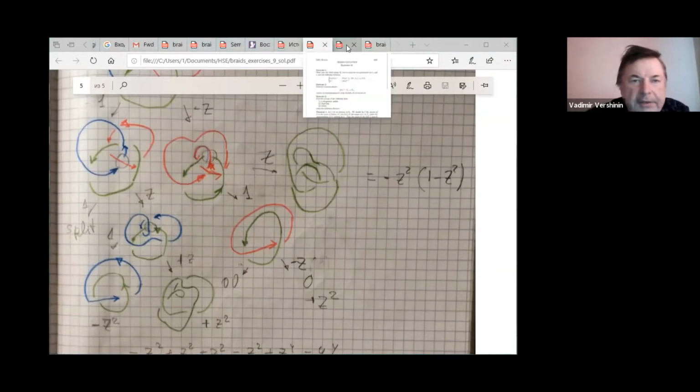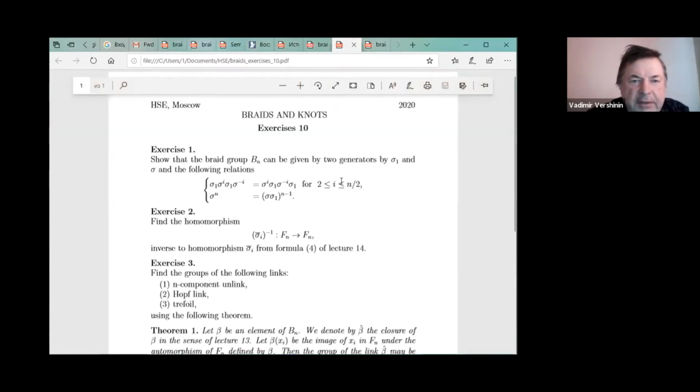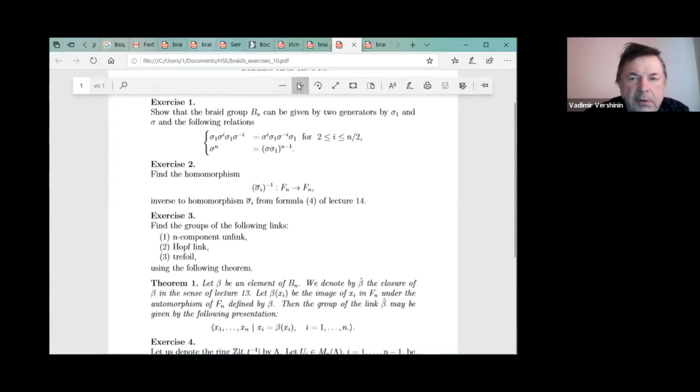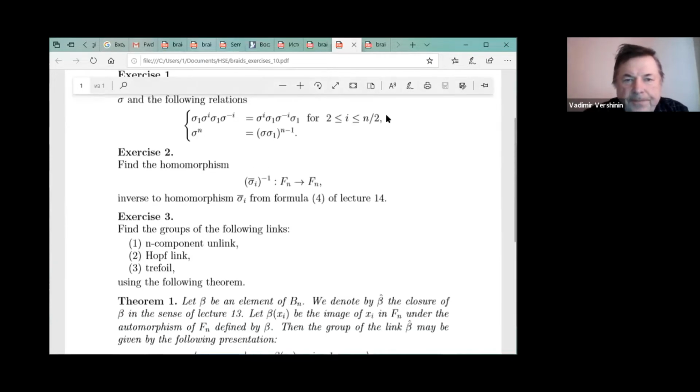If there are no questions, we go to exercise number 10. So maybe we shall not pay a lot more attention to this.